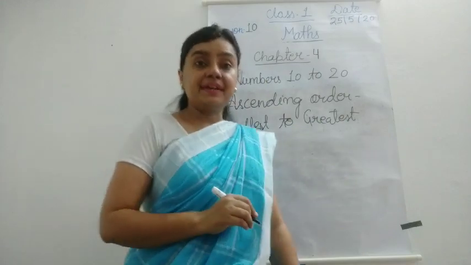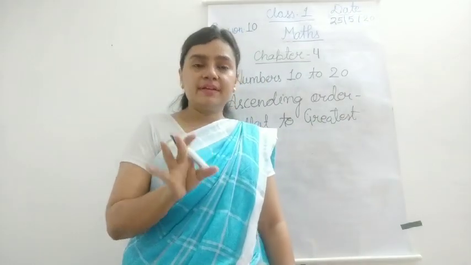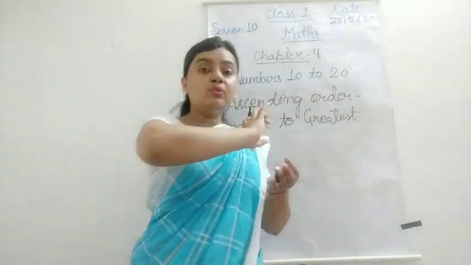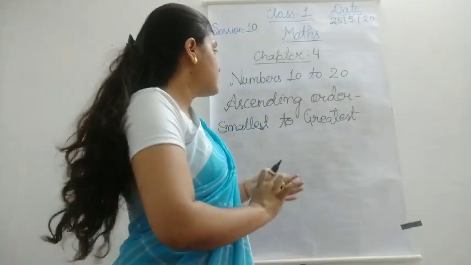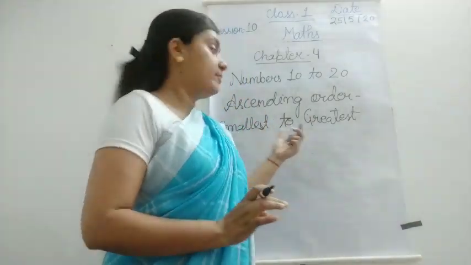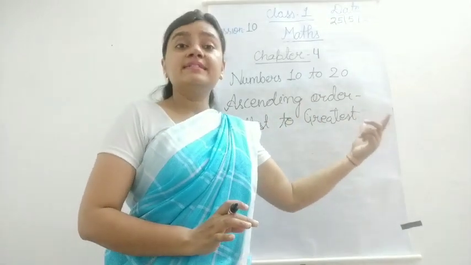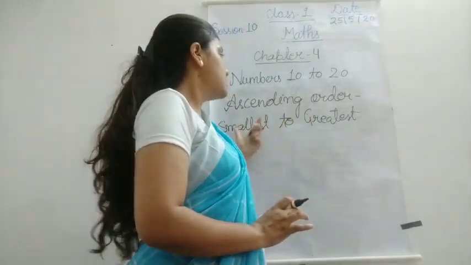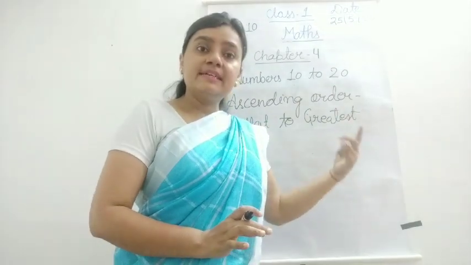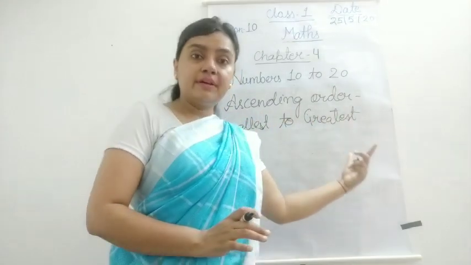Smallest to greatest means we have to arrange the numbers in a sequence. The sequence will be smallest to greatest. Ascending means smallest to greatest.